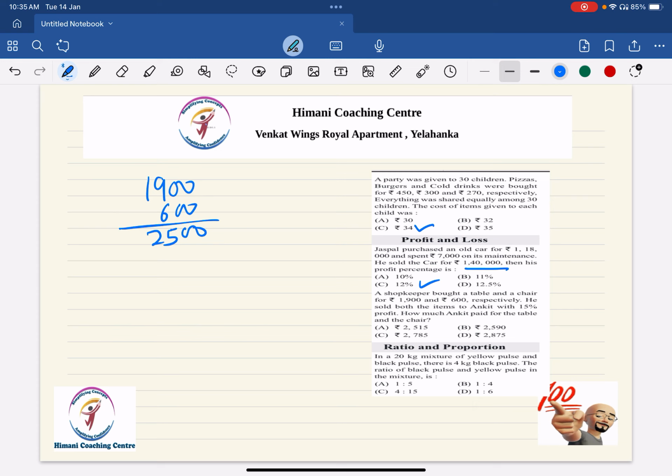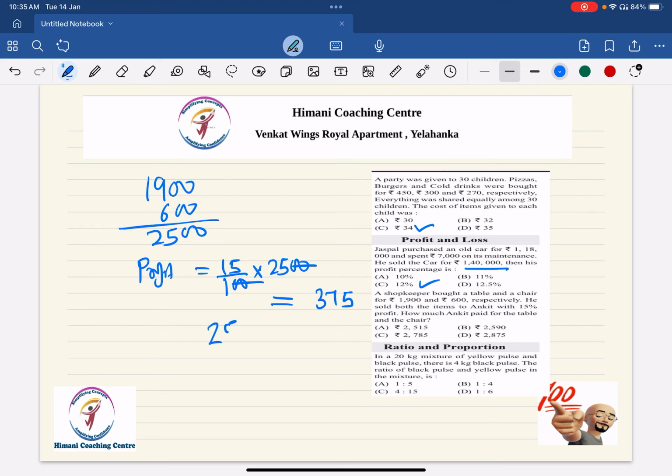Now the shopkeeper made a profit of 15%. So what is the profit? 15 by 100 of 2,500. Now find the profit in rupee terms. 15 fives are 75, 15 twos are 30, and 7 added is 375.